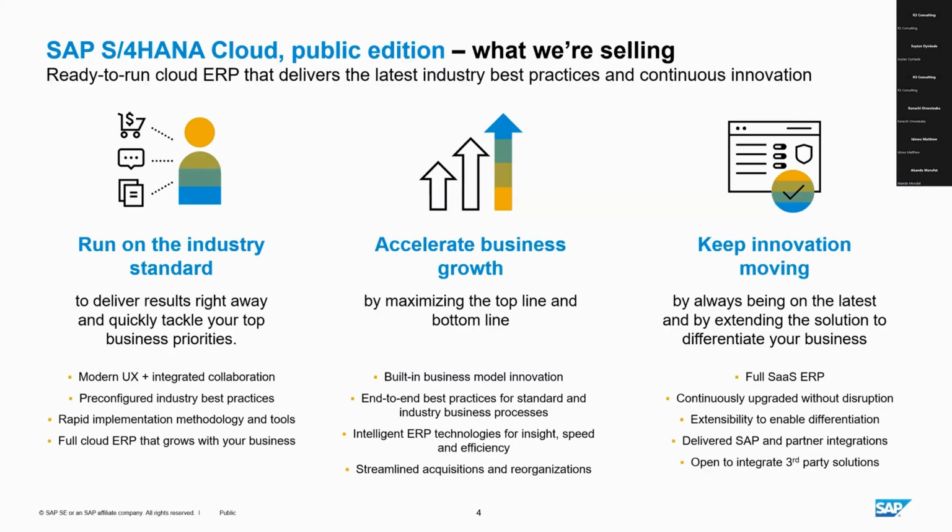The first thing we'll look at is run industry standard. With the S/4HANA Public Cloud Edition, we now have modern UI and integration, integrated collaboration, pre-configured industry best practices, rapid implementation methodology and tools, and full cloud ERP that grows with your business.